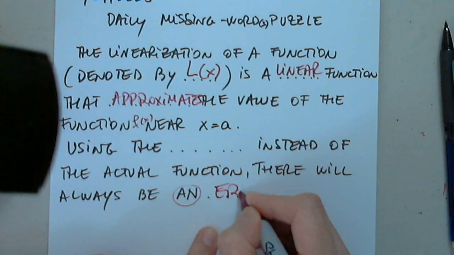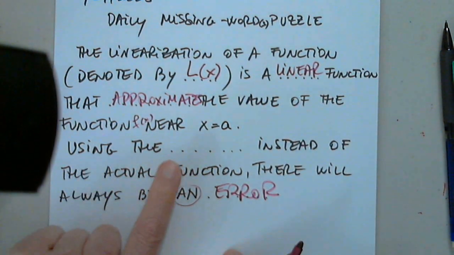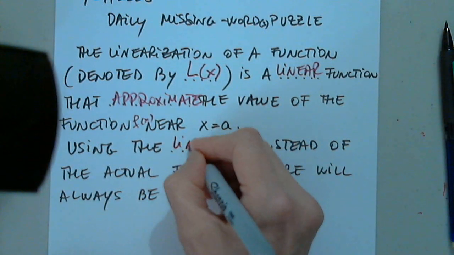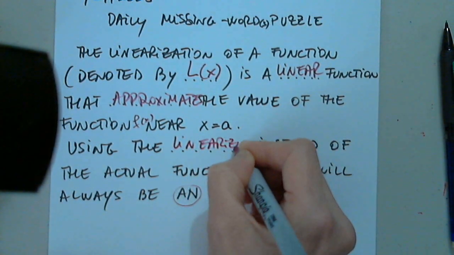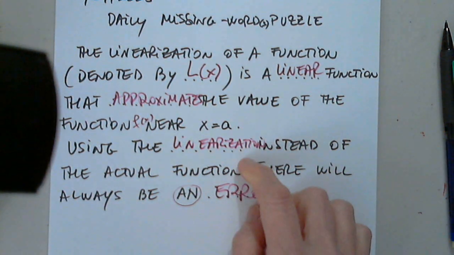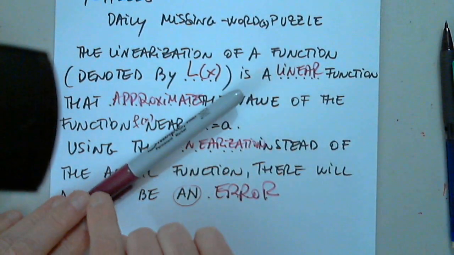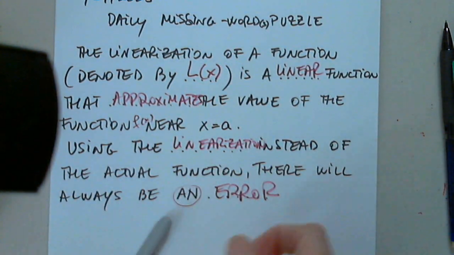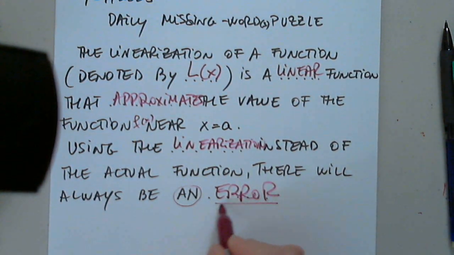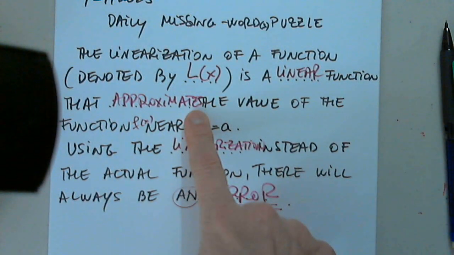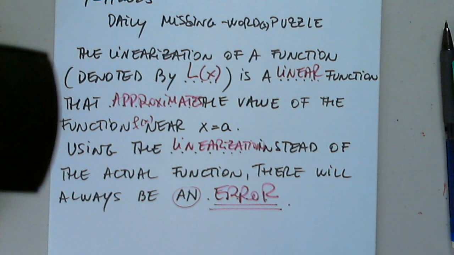Yes. That's always the case because I'm not using the function, I'm using the tangent. I'm using the equation of this tangent instead of the function. So I will always have an error. It's an approximation. That's what we say here. It's not the same.